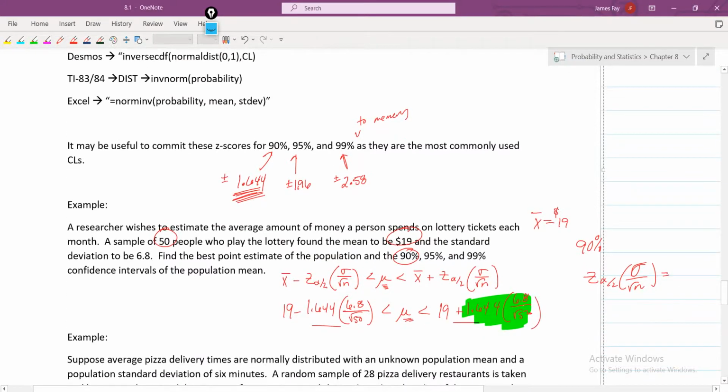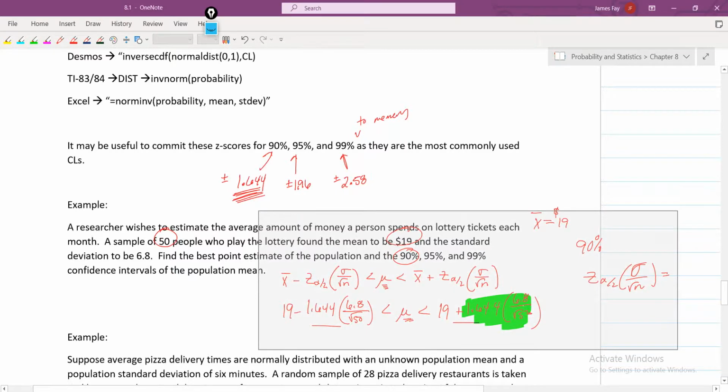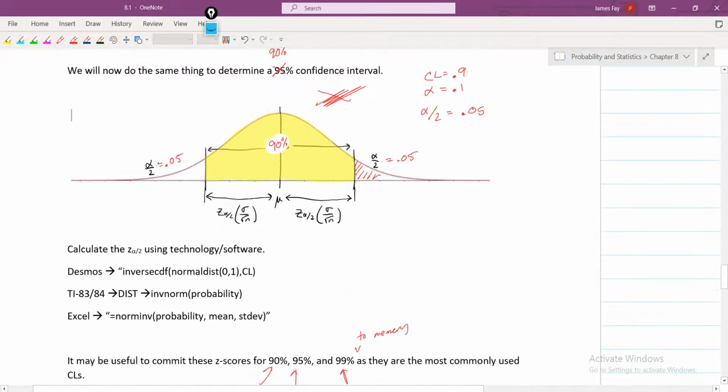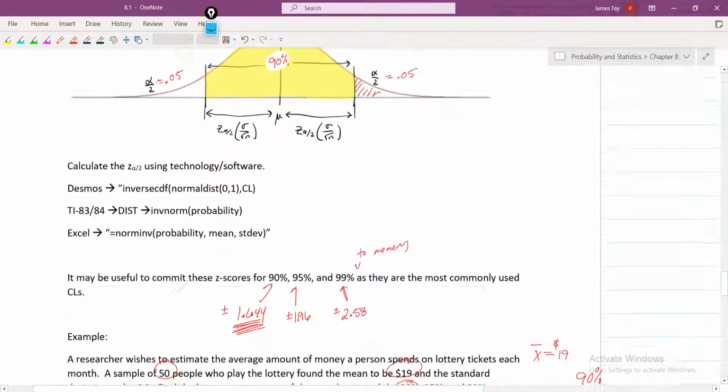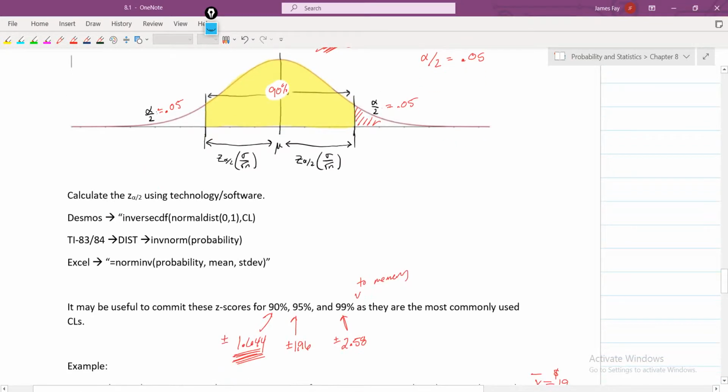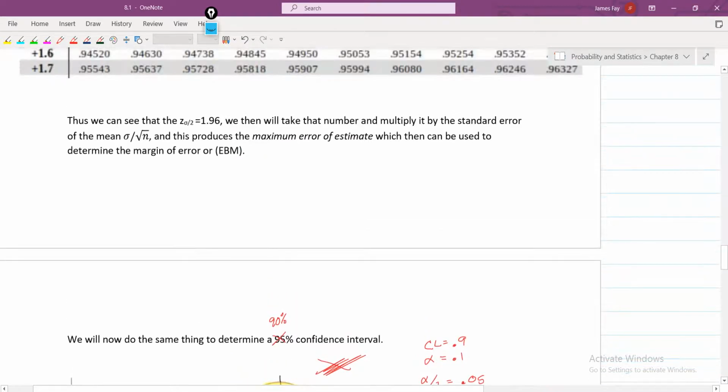The entire process, guys, I don't think you're going to really struggle with this. But I think this makes more sense if you understand why we're doing it, where the formula comes from, where these numbers of 1.96, 1.64, 2.58 come from.